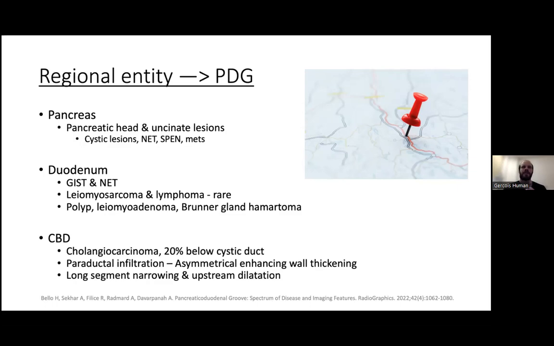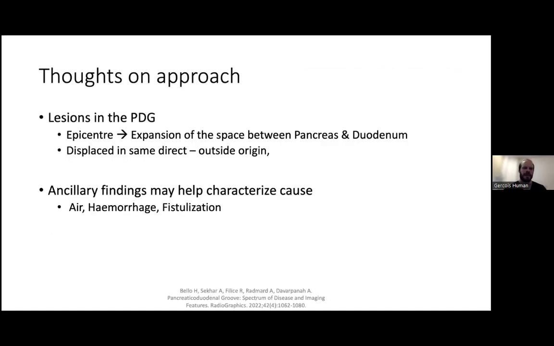And then more benign lesions like leiomyoadenomas or polyps may involve that space due to a large size. And then one should take into consideration the relationship to the ampullary complex, which may necessitate a Whipple, depending.